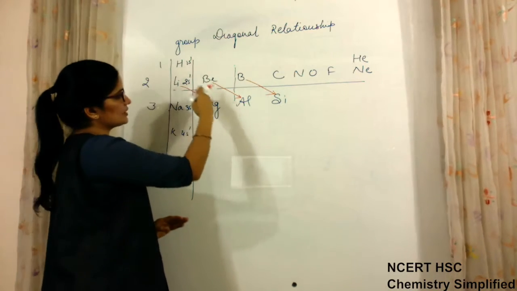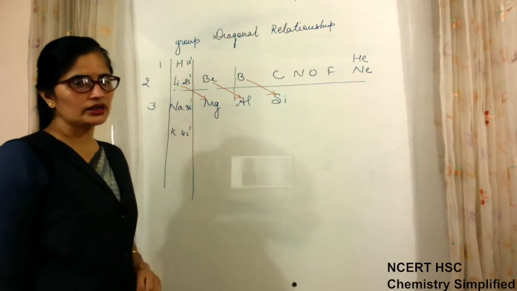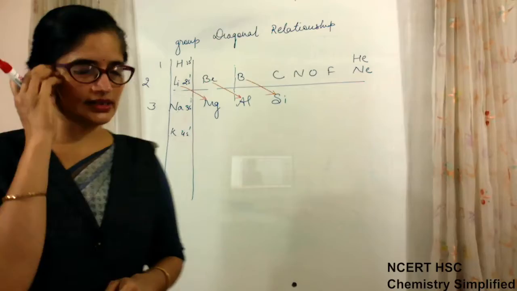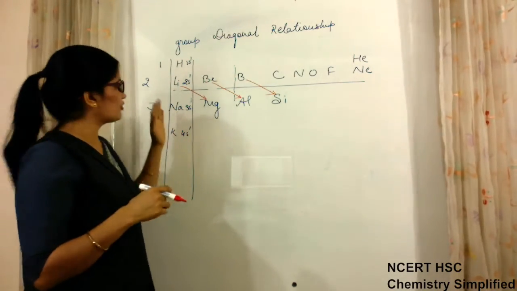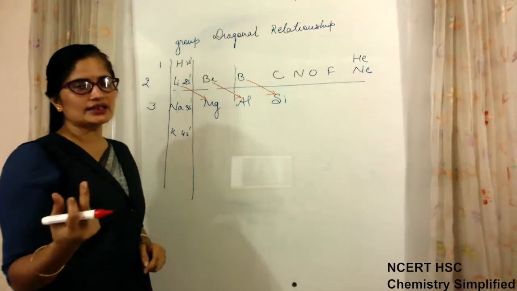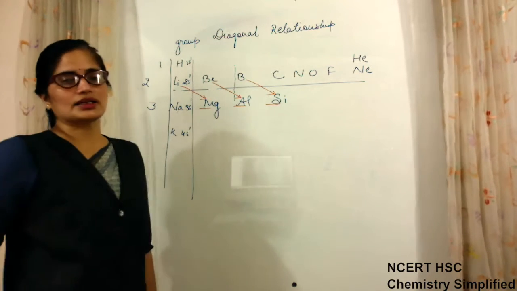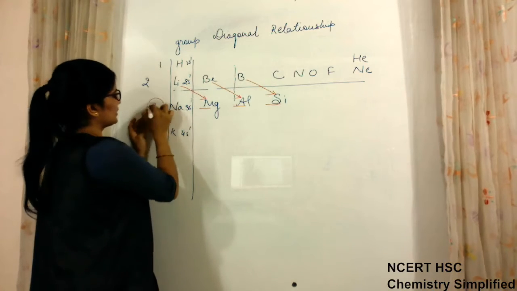So this is known as diagonal relationship. They are diagonally similar. This happens because of cancellation of two opposing factors. From top to bottom atomic size increases, from left to right atomic size decreases. So both these factors get cancelled in the second group, or you can say the third period.